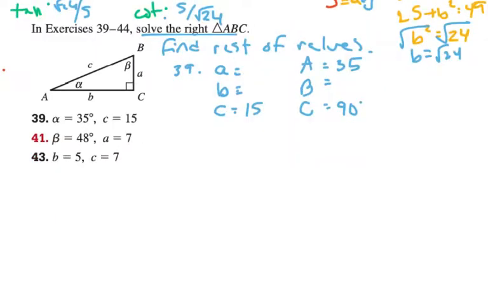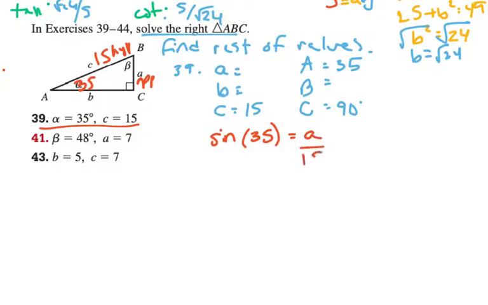So this is when we go back into trig and we say, okay, well, if this one is 15 and this one is 35, I have the hypotenuse and I want the opposite. So that's sine, right? Sine of 35 is going to equal my opposite over my hypotenuse, which is 15.